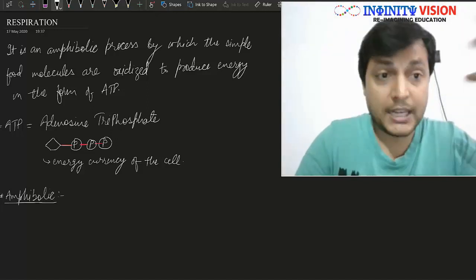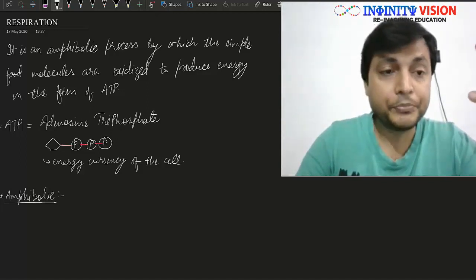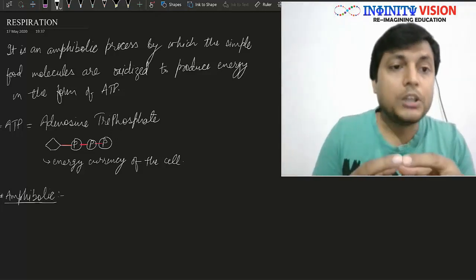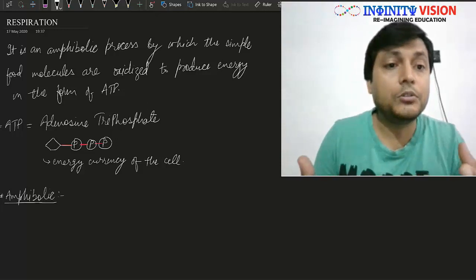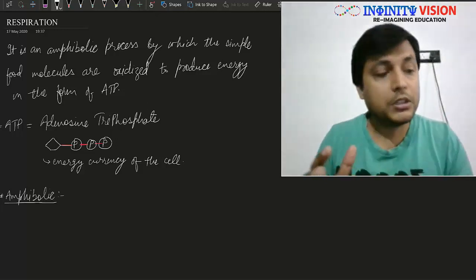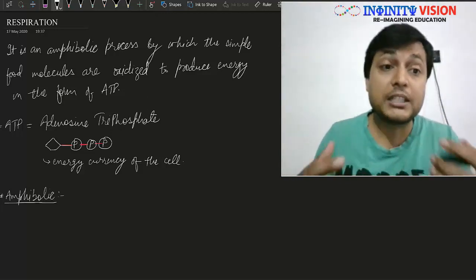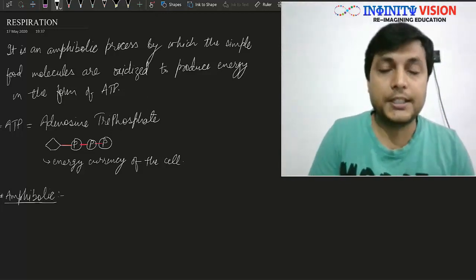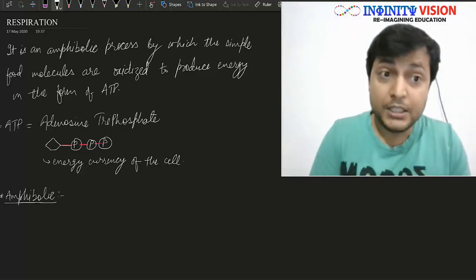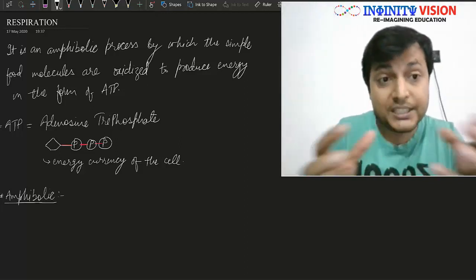Let us see how it happens in the case of respiration. In respiration, the simple molecule, for example glucose, is oxidized and broken down into carbon dioxide. So it is a catabolic reaction. At the same time, during this process, ATP is synthesized.